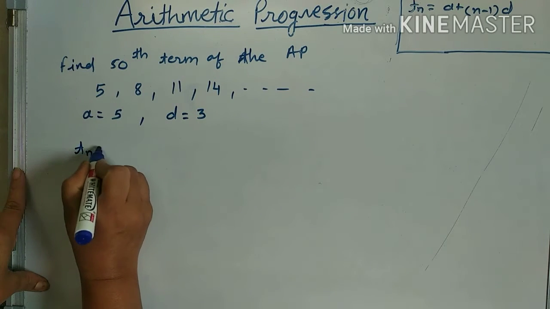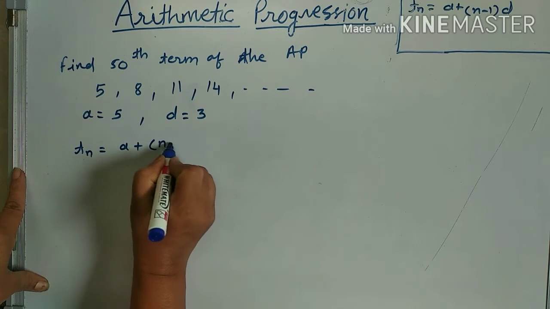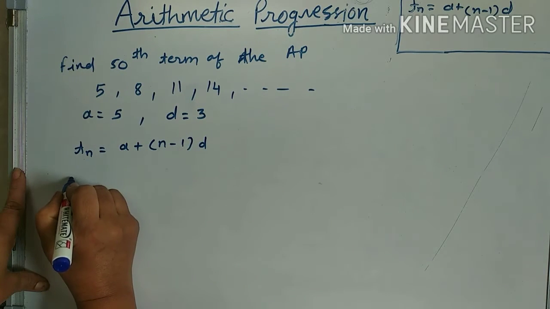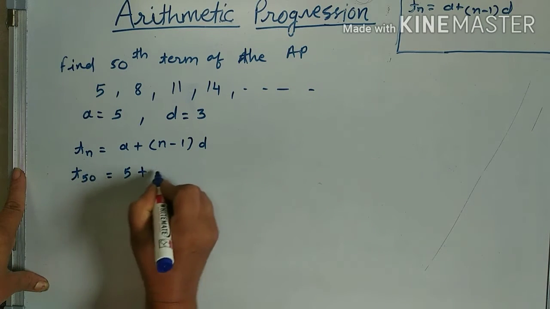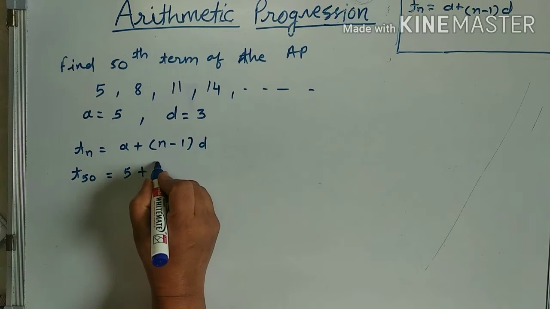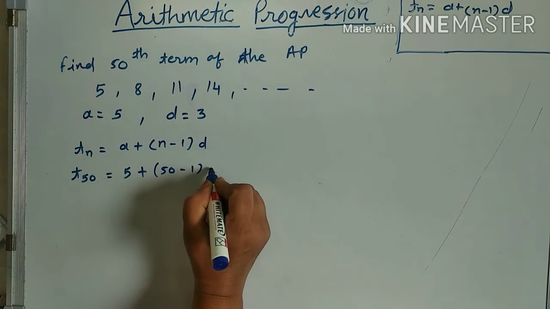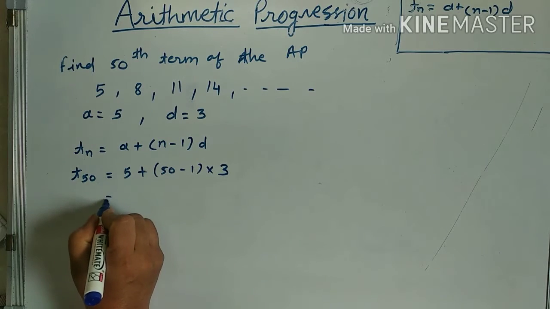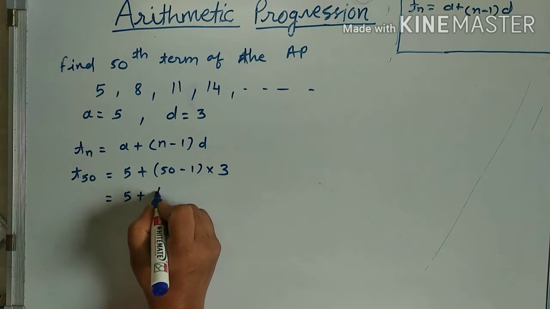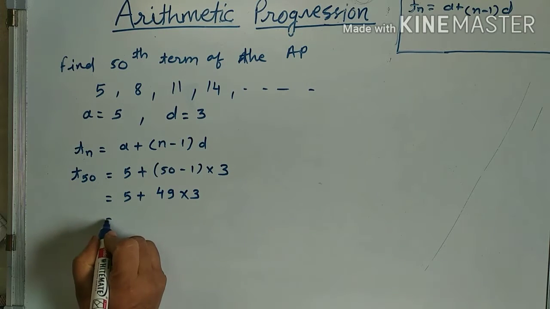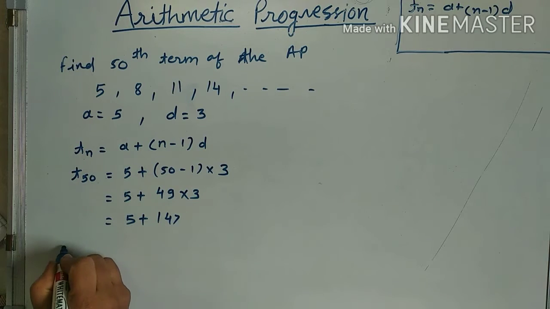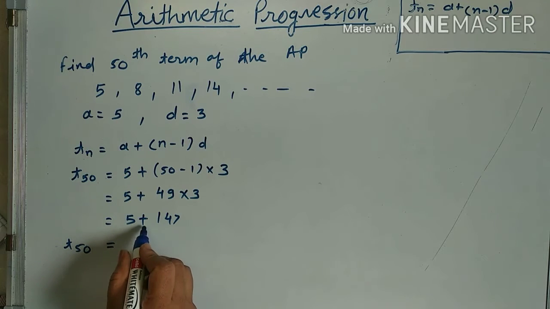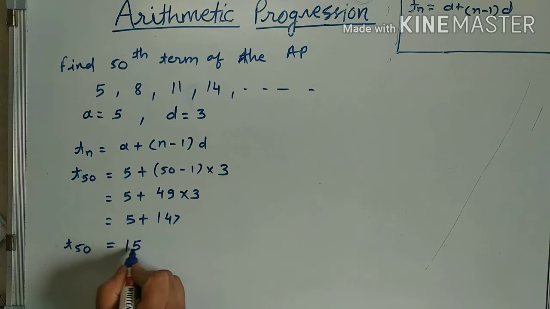Now Tn equals A plus n minus 1 D. T50 equals A is 5 plus n minus 1, which is 50 minus 1, into D is 3, equals 5 plus 49 into 3, equals 5 plus 147. Therefore T50 equals 152.